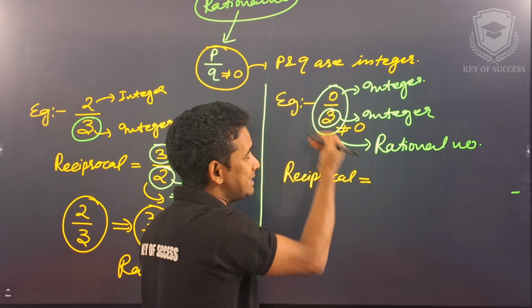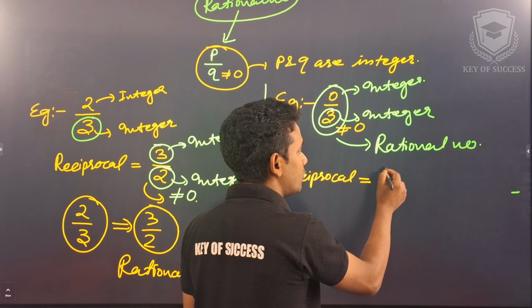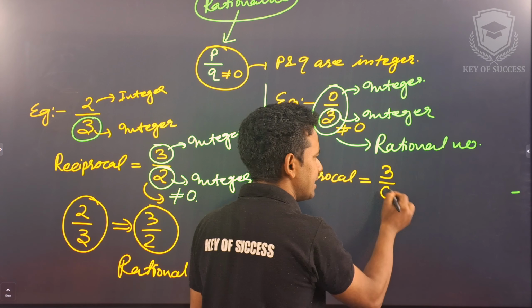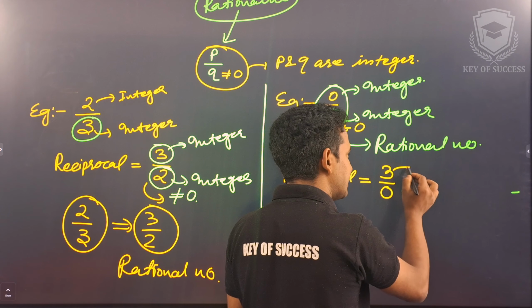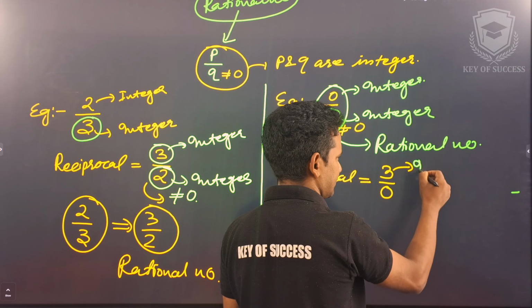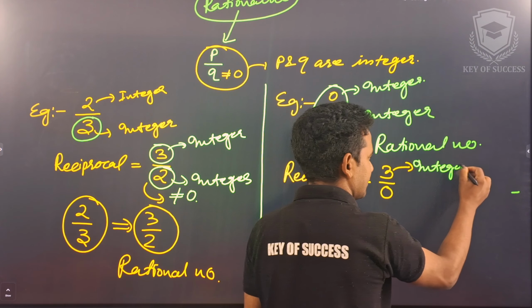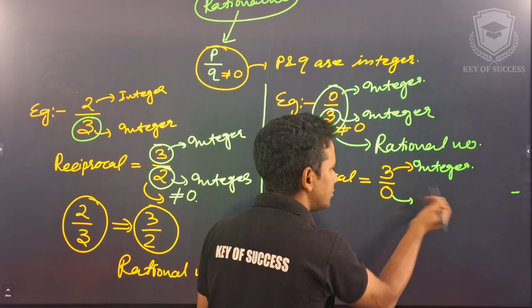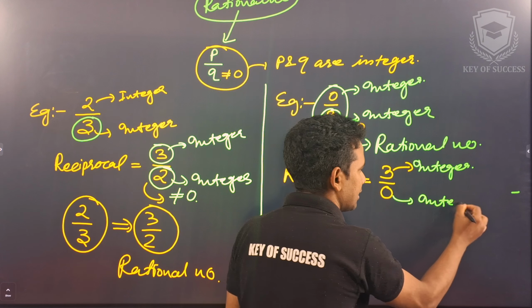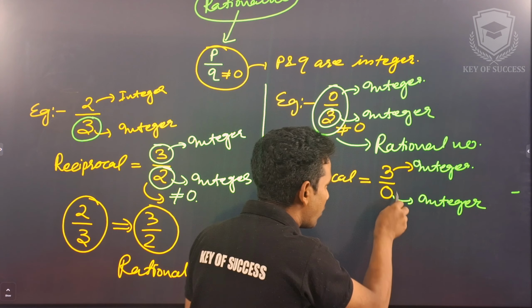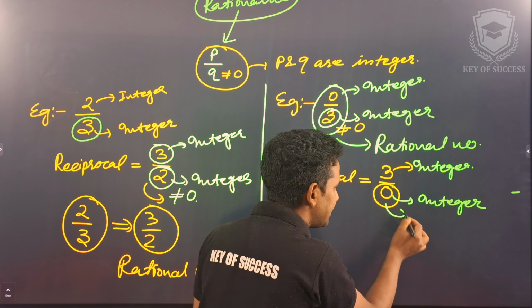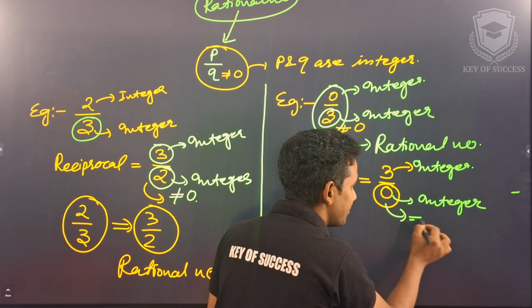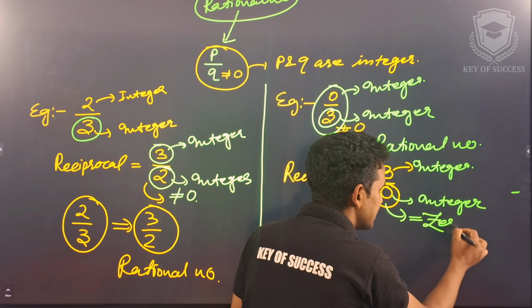the reciprocal of 0 divided by 3 will become what? 3 divided by 0. Here, 3 is an integer. 0 is also an integer. But what we are getting is that the denominator is becoming what? It is coming equal to 0.